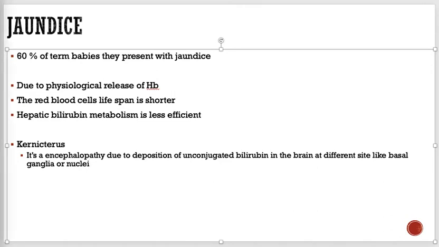Of course, this can cause a lot of damage to the brain, so we don't want this condition to develop.